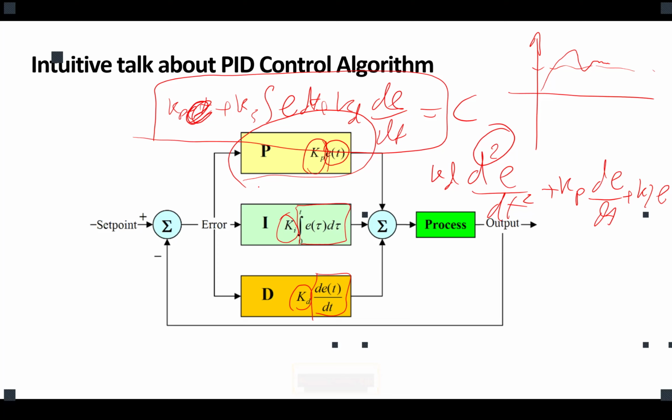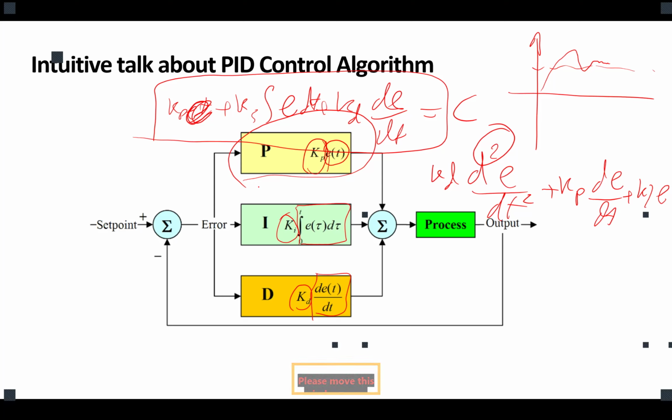It predicts. So the integral calculates the errors in the past, the remaining errors, the residuals. The derivative part tries to predict the future by calculating the rate of change. So what is the significance of knowing what's going to happen in the future?